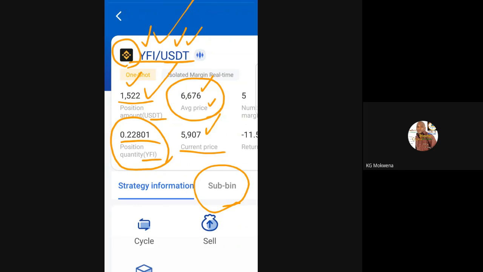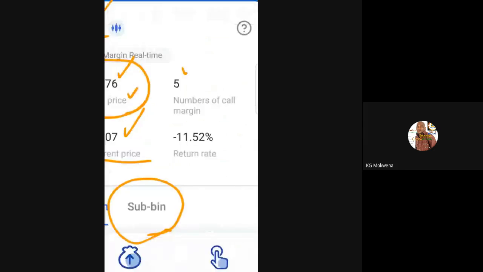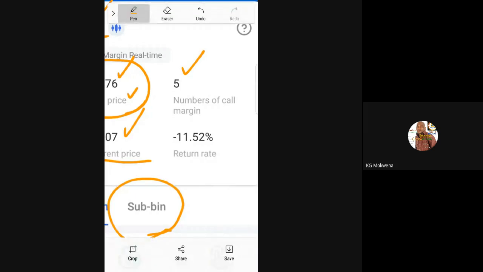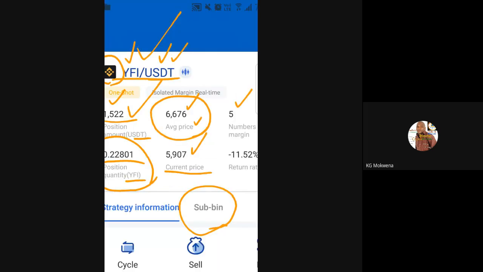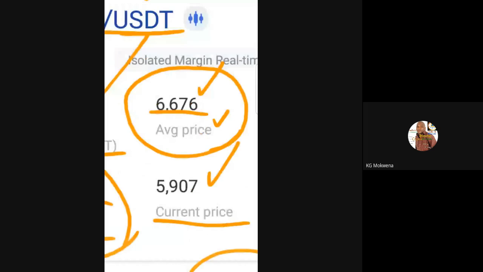If you bought 5 times like here, and you can even say 6 times, including the first buying amount, for instance. If the robot put the first buying amount and it bought up to 5 times again, it means the USDT amounts that were brought together, divided by 6, will give us this average price.